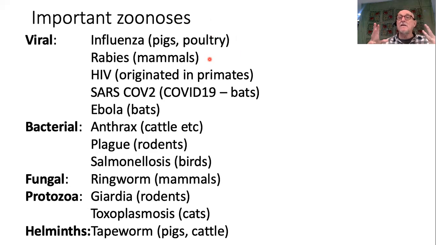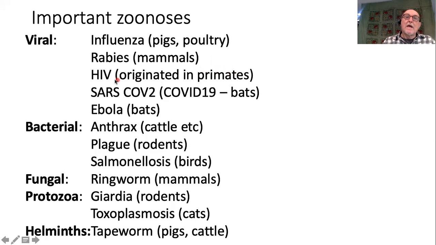It is maintained in animal reservoirs and then periodically enters the human population, often through contact with animals that are rabid. Either just handling them is enough. If it's a pet that is rabid, people may be handling it, often by a bite, but the virus is conferred by saliva.